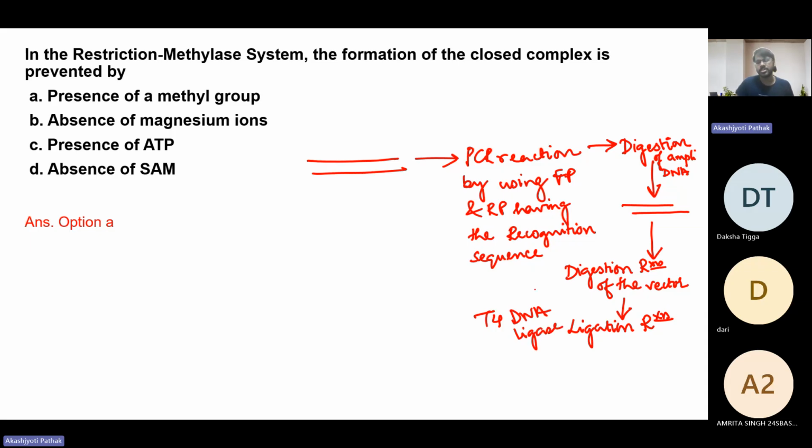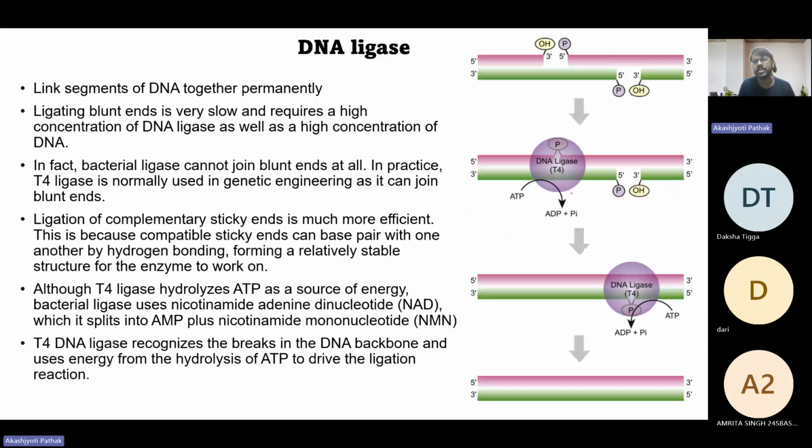So what does ligase do? You see this figure here. The main function of ligase is that it will seal the phosphodiester bond. For sealing the phosphodiester bond, it requires a 3' OH group and a free 5' phosphate group.